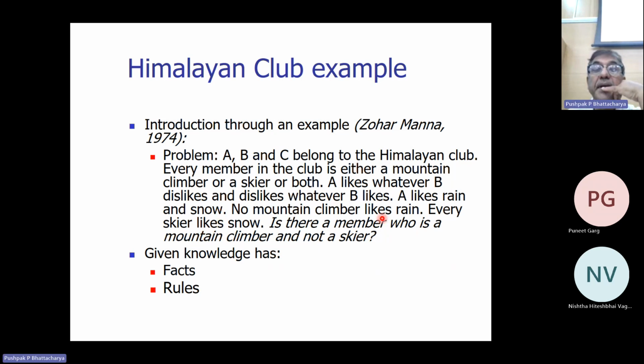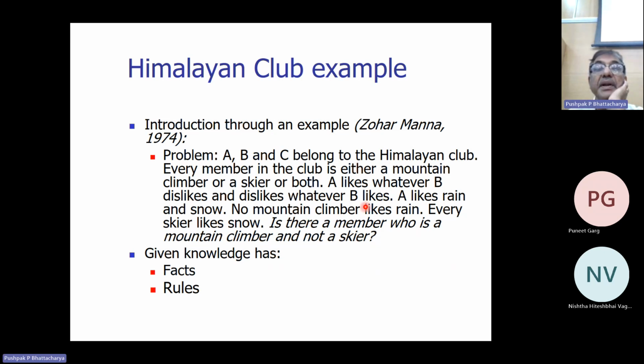Since B does not like snow, B cannot be a skier. But in the club, every member is either a mountain climber or a skier or both. If B is not a skier, B must be a mountain climber. So the answer to this puzzle is that B is the required person.